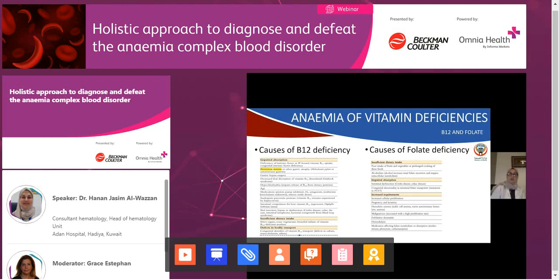Coming to different types of anemias, also the anemia of vitamin deficiency, B12 and folate deficiency, are also common causes of anemias, and there are many causes of B12 deficiency, including decreased absorption, increased demand, or defective transportation of the vitamins.